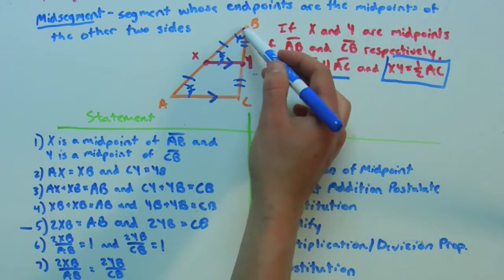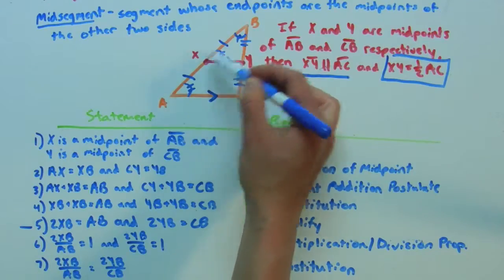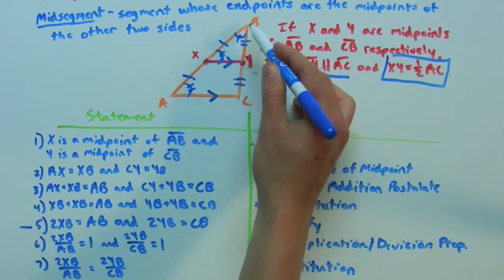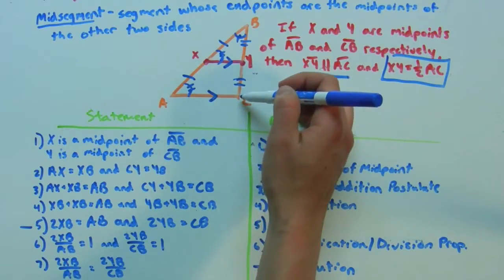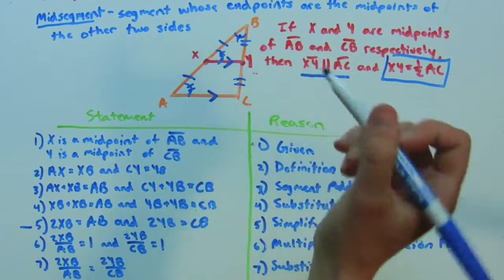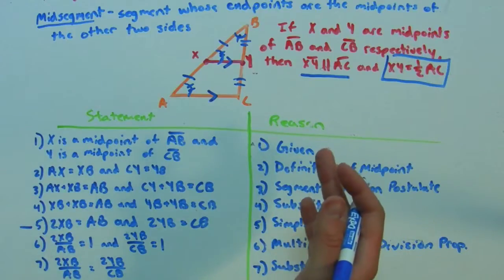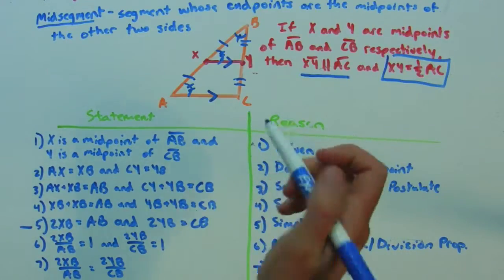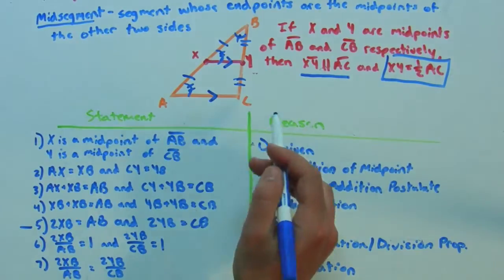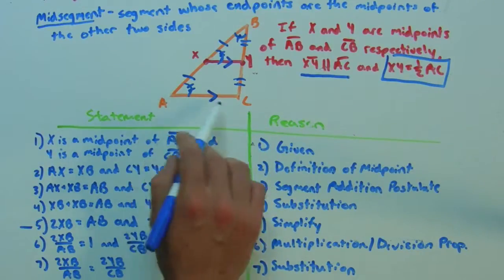So if XB is equal to 1/2 of AB and YB is equal to 1/2 of CB, and all the sides of similar triangles are proportional, then we're going to be able to say that XY is equal to 1/2 of AC.